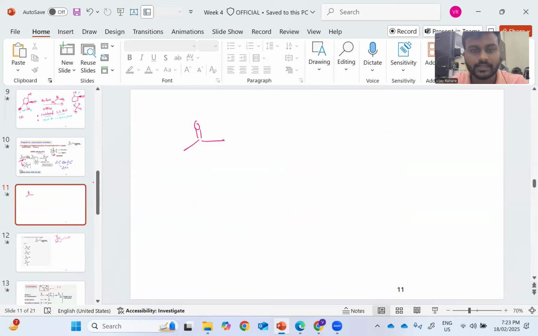Let's say there is another R group, and when we add the LDA, for simplicity let's say it is tertiary, it will preferentially form the enolate with this O negative.